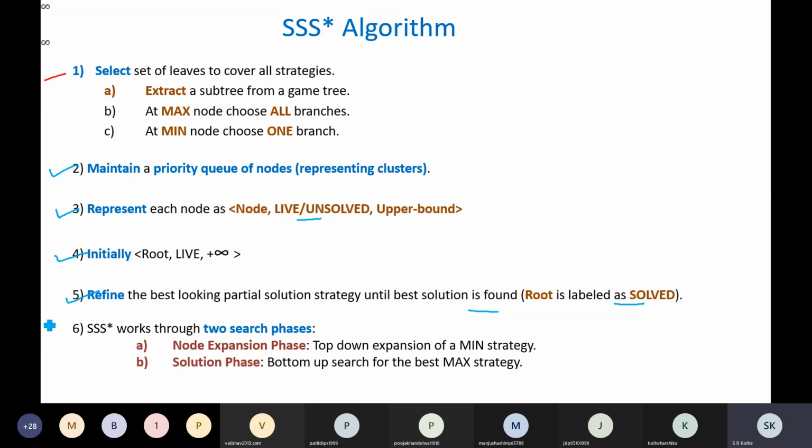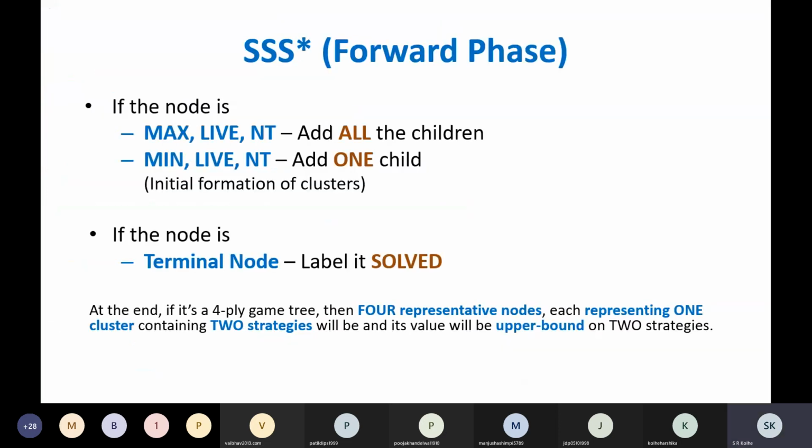So this SSS star, from implementation point of view, will go through two search phases. One is the node expansion phase and another one is the solution phase. In the node expansion phase, you will move from top to down expansion of min strategy, and in the solution phase, bottom up search for the best max strategy. Now there are various possibilities.